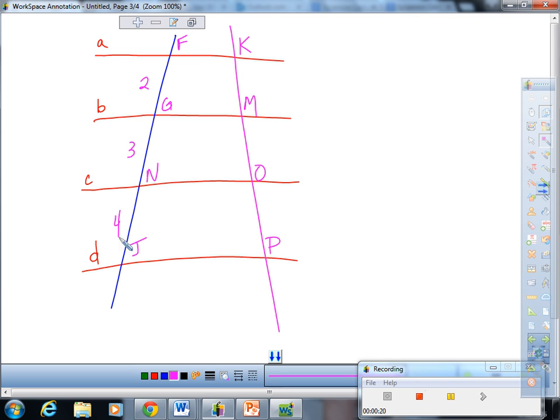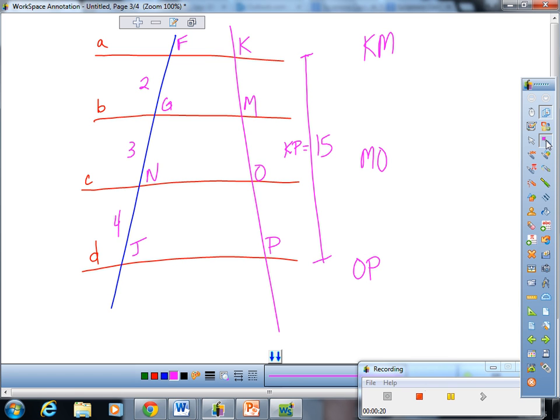And it also says that KP is 15. Find KM, MO and OP. Alright. So, here's how we would find KM first.